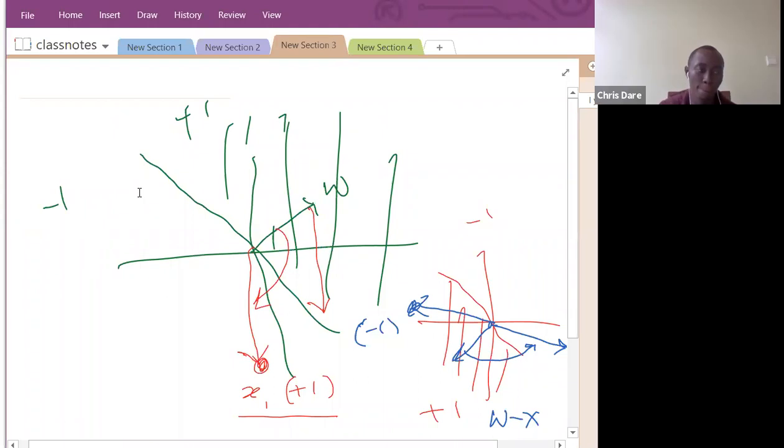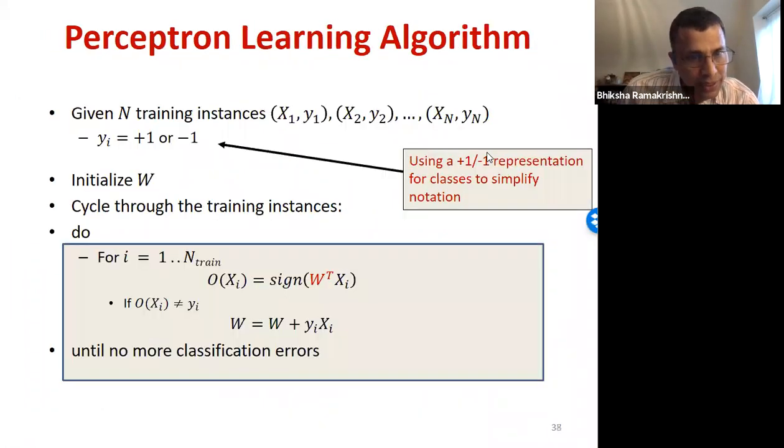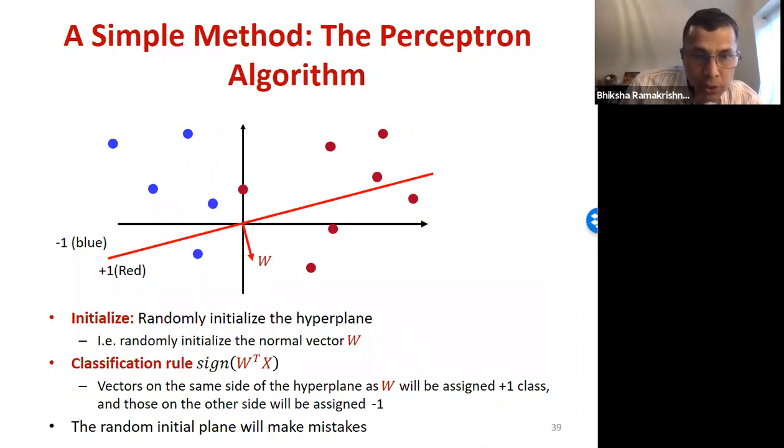That's a trivial algorithm, and the intuition is very clear. I can write some ugly math for it, but I'll skip the math and the explanation. Here is how pictorially you can see what happens. I have all of these red and blue dots, and I randomly initialize my weights vector and get some decision boundary of this kind. Now I begin checking every training point.